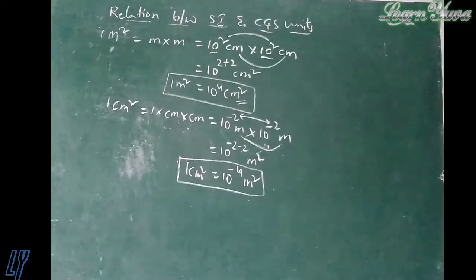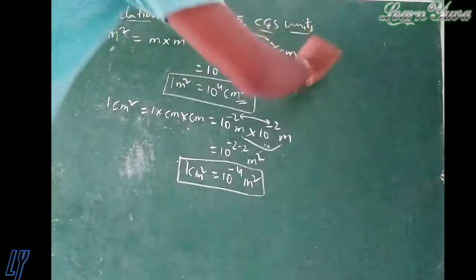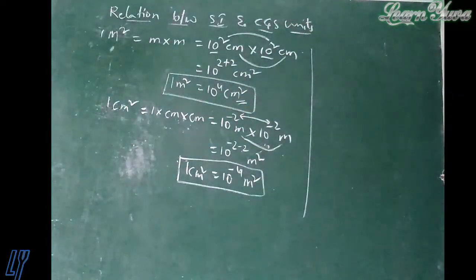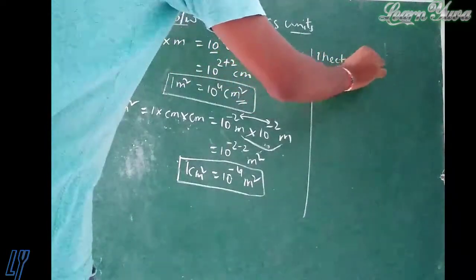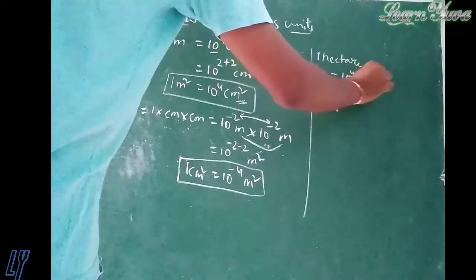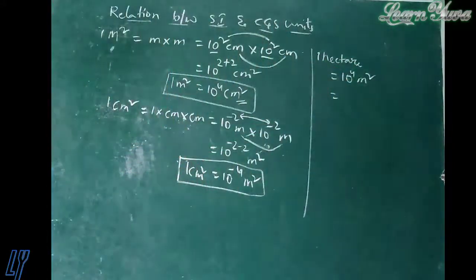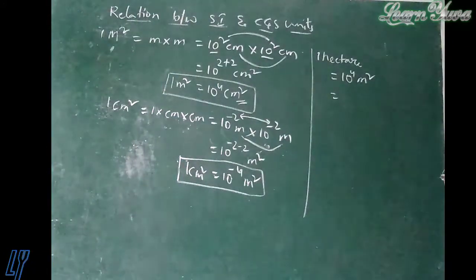And in this area, the field, the land, the agricultural field can also be measured in hectares. 1 hectare is equal to 10 power 4 meter square.